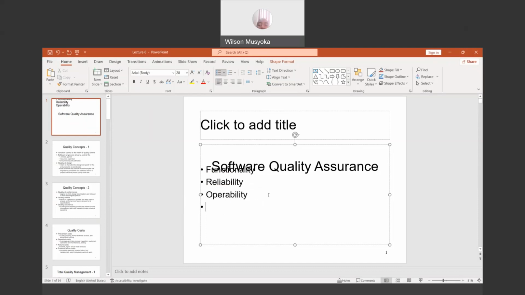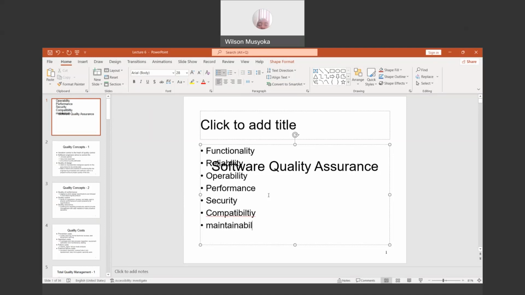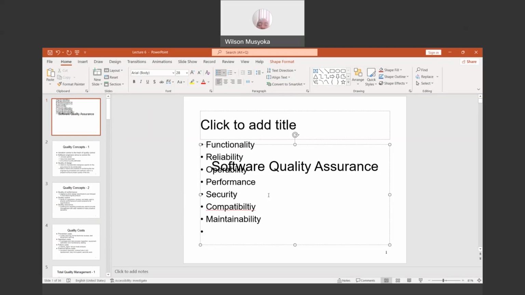You can always hear of performance efficiency, security, compatibility, maintainability, and of course, transferability, which sometimes is also called portability, meaning that the software can operate in different platforms.